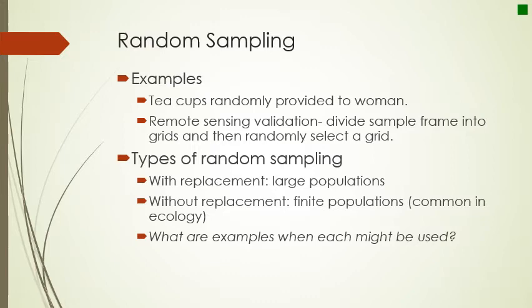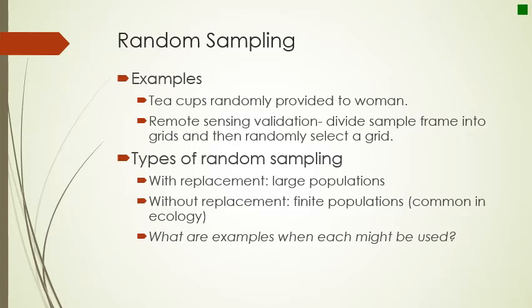That actually doesn't bias our estimates of the mean and the variance in any way. But generally, with the smaller populations that we deal with, finite populations, we often do what we call sampling without replacement. So we choose plots on our national forest with the stipulation that no particular location can be selected twice.